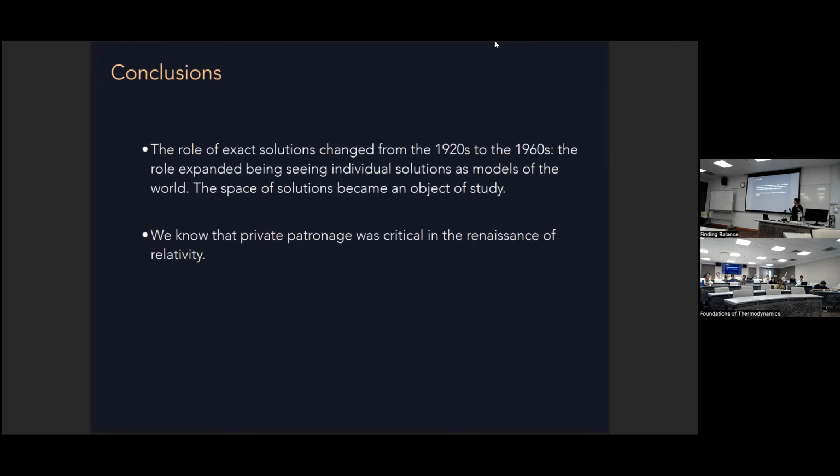And if you think that private patronage was critical in the renaissance of relativity, I will argue that private patronage also had to play some role in the changing understanding of exact solutions. To some extent, it enabled a sufficiently large body of folks doing relativity to support the idea that we could study systematically the theory solution space.